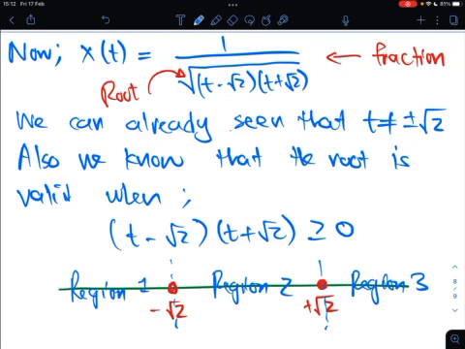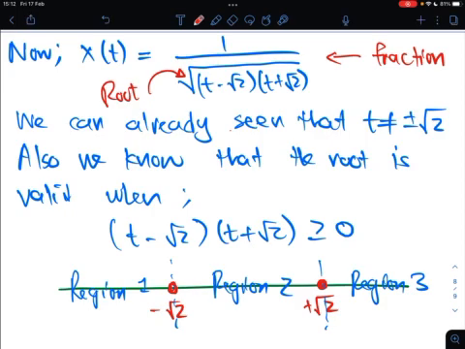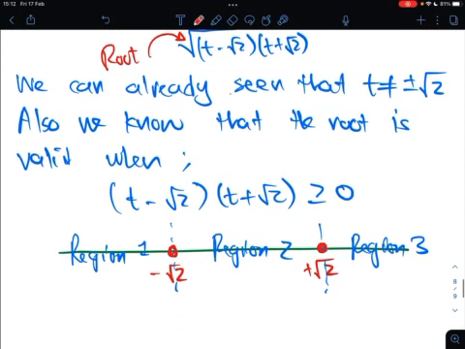Some of these regions are the solution set we're looking for. To figure that out, we first look at the last region, region 3, and take any number that lies in that region, for example 2.